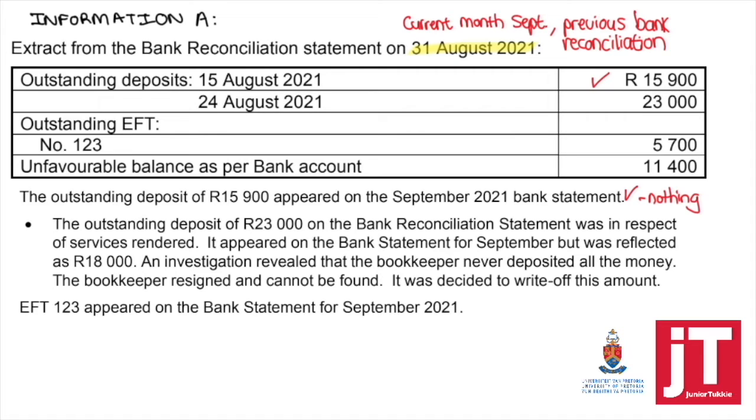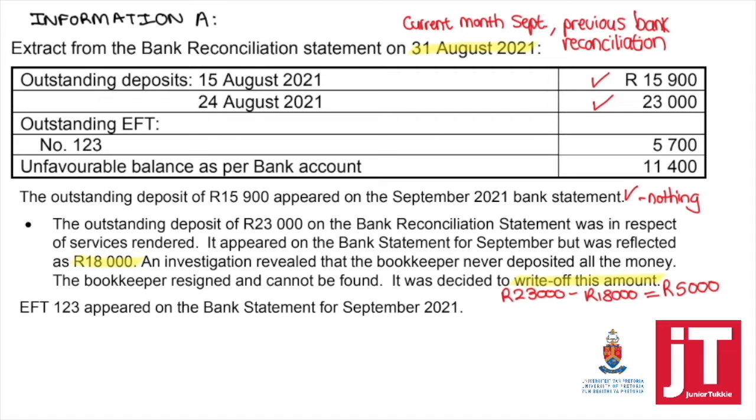So what is happening here? It does appear, but it only appears as 18,000. So there's a missing amount of 5,000. So the business decided to write this off because they're not going to recover that money. It's missing.